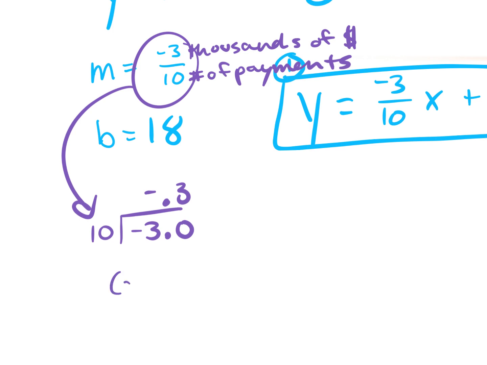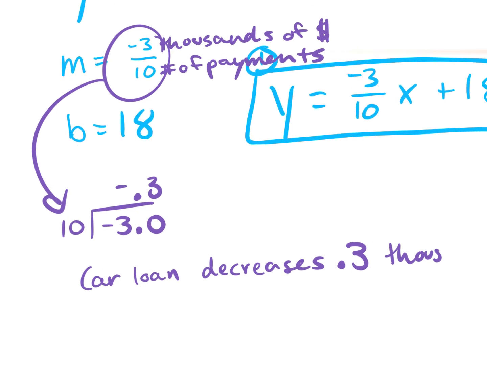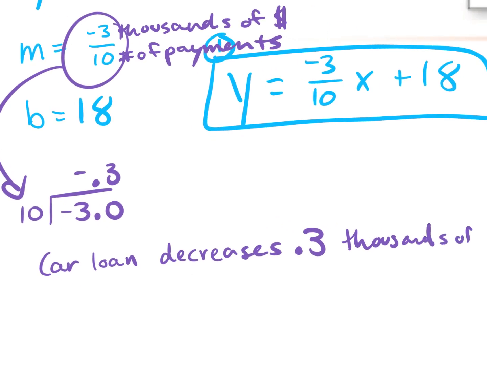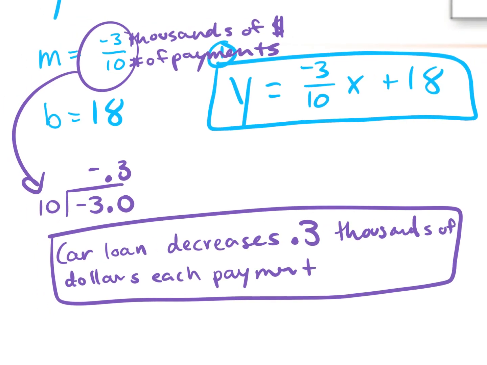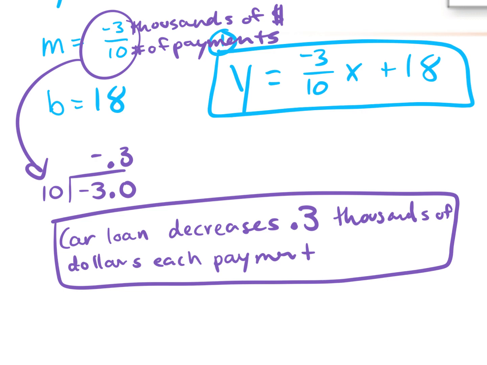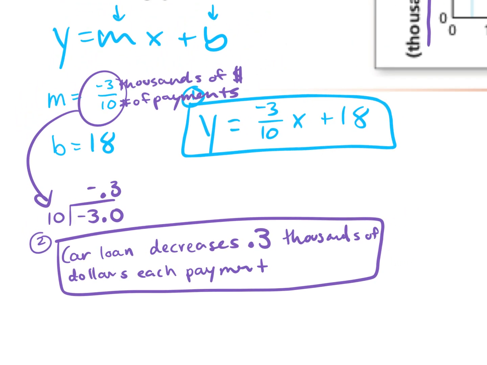So we would say the car loan decreases $0.3 thousand each payment. So that's the second part of our question.